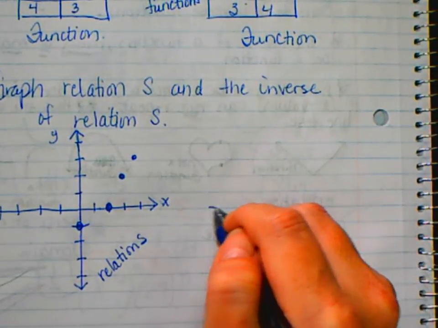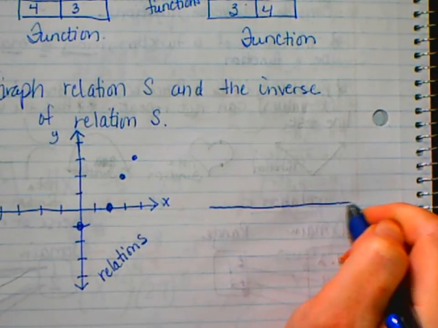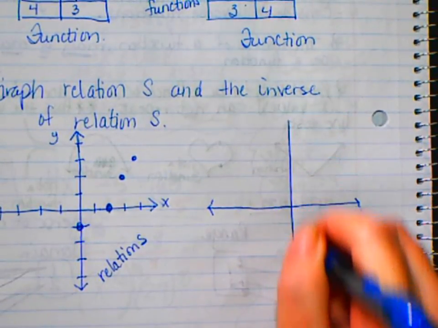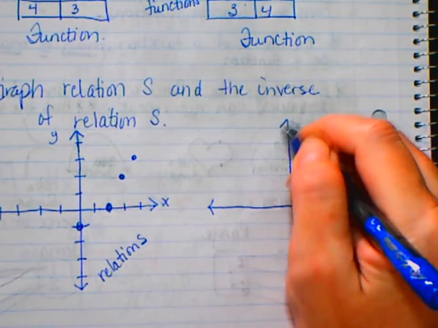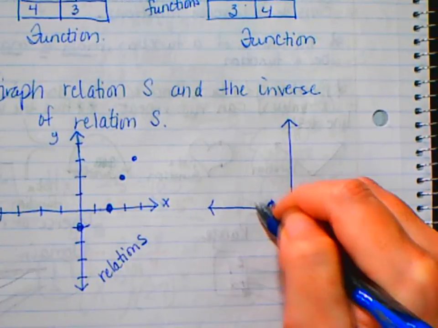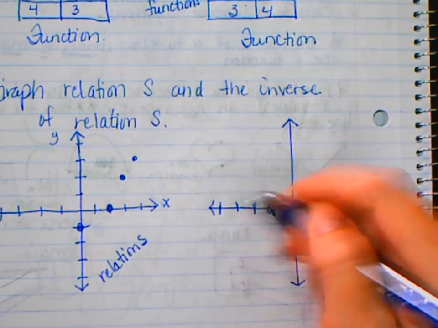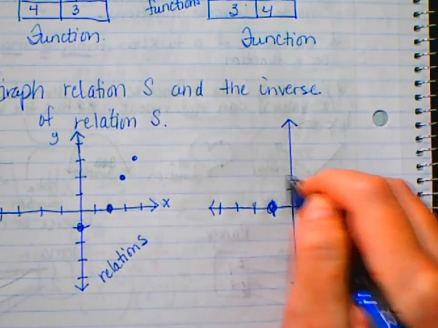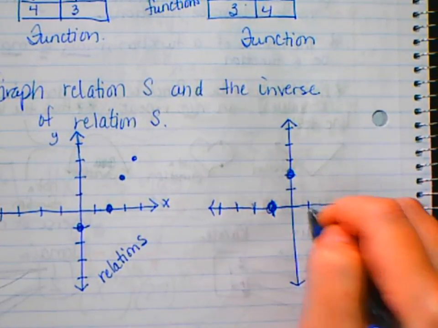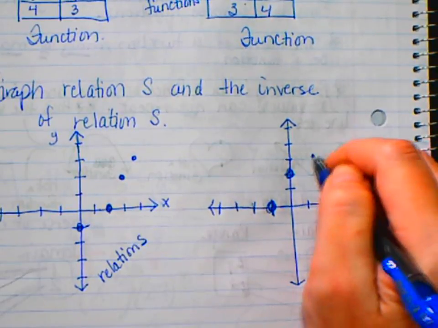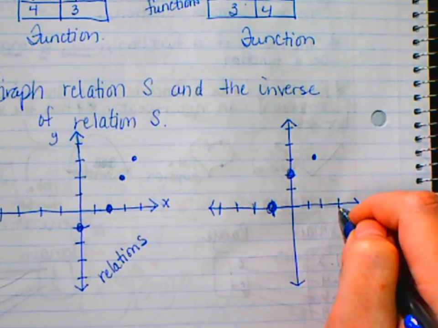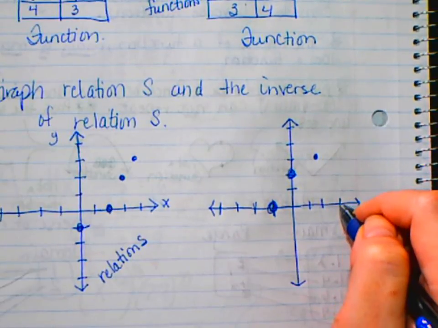The inverse of relation S, we already said it was a function. Let's just graph it and see what the graph looks like. I've got ordered pairs at (-1, 0), (0, 2), (2, 3), and (3, 4).